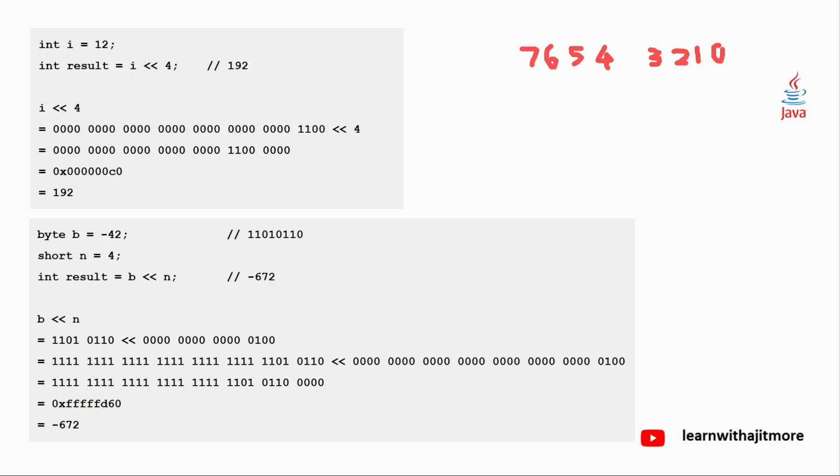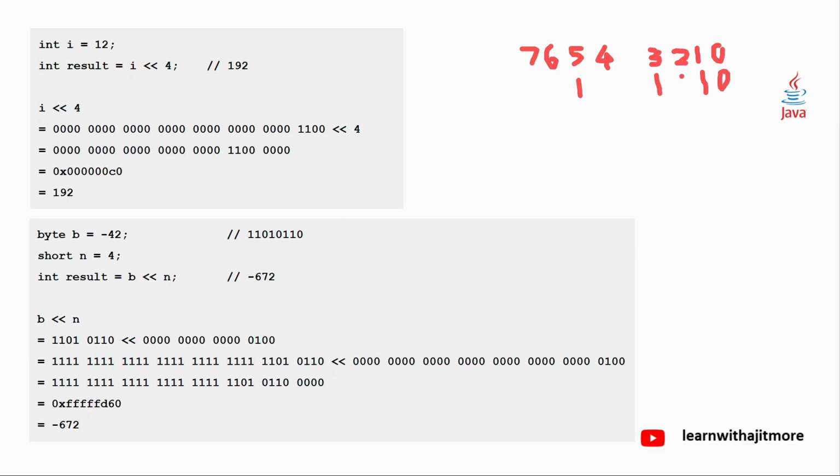For time being, I'm taking 1 byte because initially it is byte, right? 42 is how much? 2 raised to 5 is 32. 2 raised to 3 is 8. And 2 raised to 1 is 2. Is it making 42, guys?